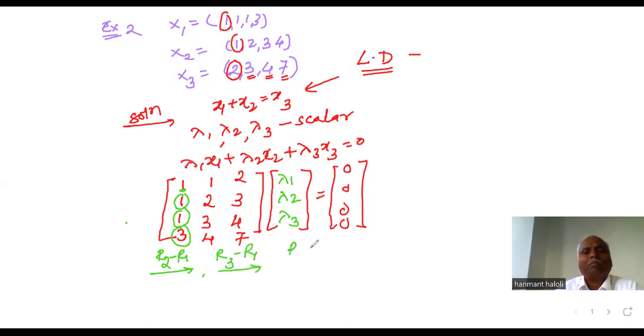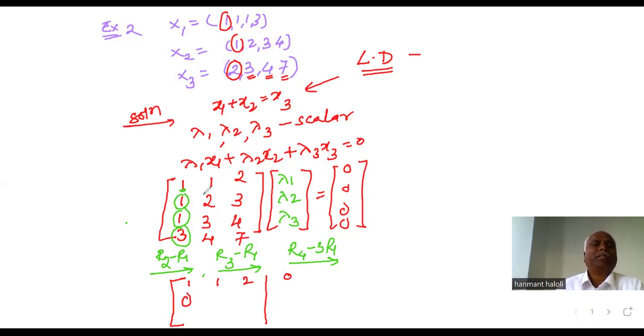Then R4 minus 3 times R1, we get the fourth component 0. By using these operations, you get the augmented matrix like 1, 1, 2, 0. 1 minus 1 you get 0.